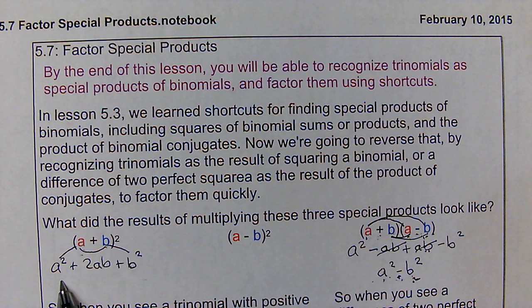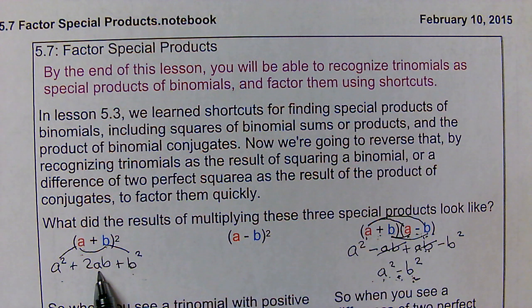This form is called a perfect square trinomial. It's got three terms, that's why it's a trinomial, and it's a perfect square because it's the result of squaring a binomial. To recognize it, you see that both ends are positive and perfect squares, and the middle is twice the product of the square roots of the ends.